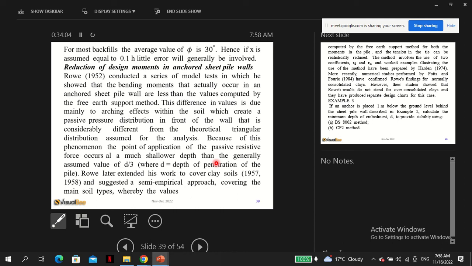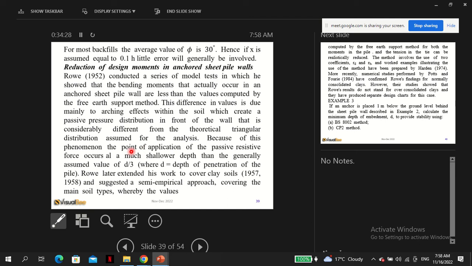This difference in values is mainly due to arching effects within the soil, which create a passive pressure distribution in front of the wall. This is considerably different from the theoretical triangular distribution assumed. You see what I'm saying?